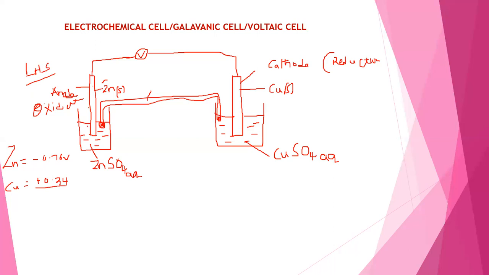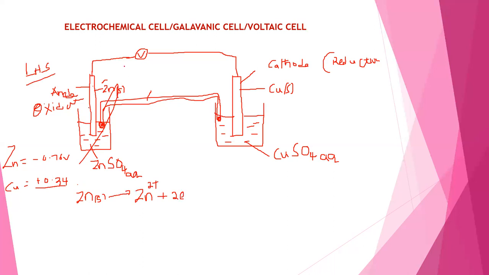So here you realize that zinc is oxidized. Zinc metal is oxidized to zinc ion, and it releases 2 electrons.